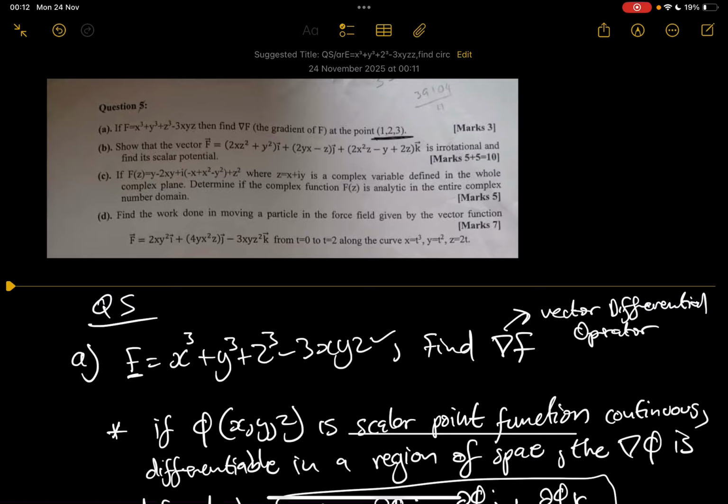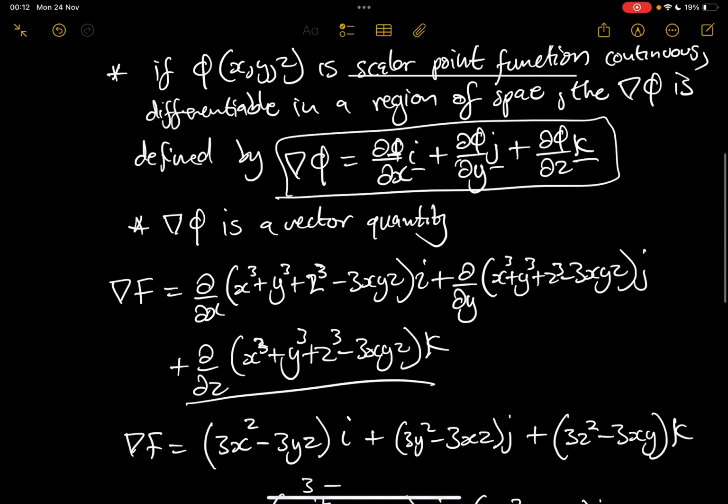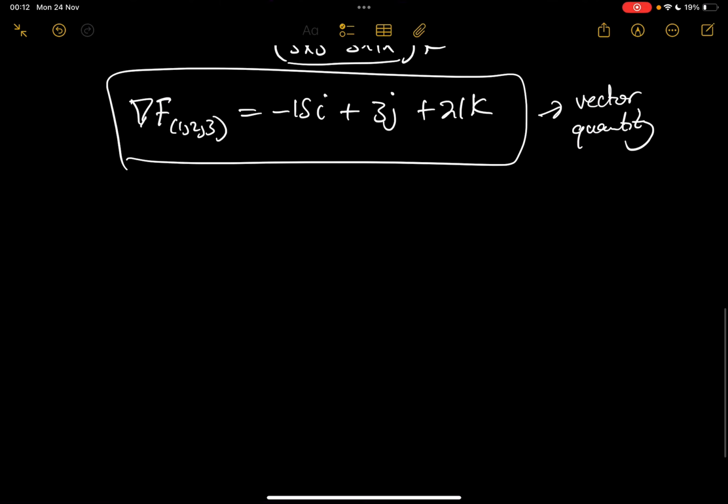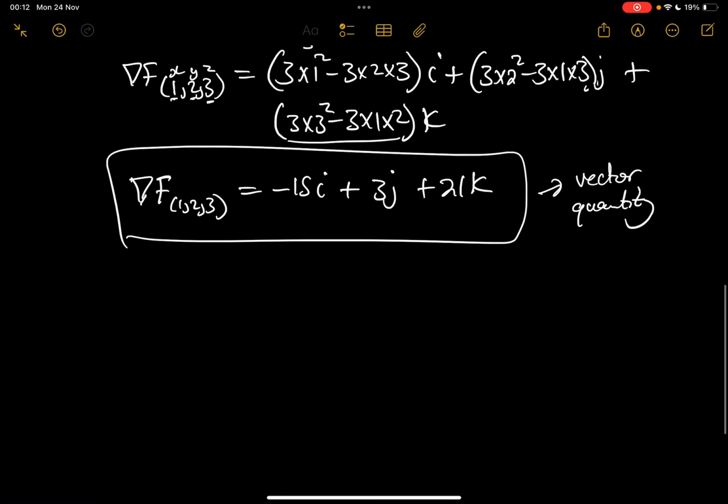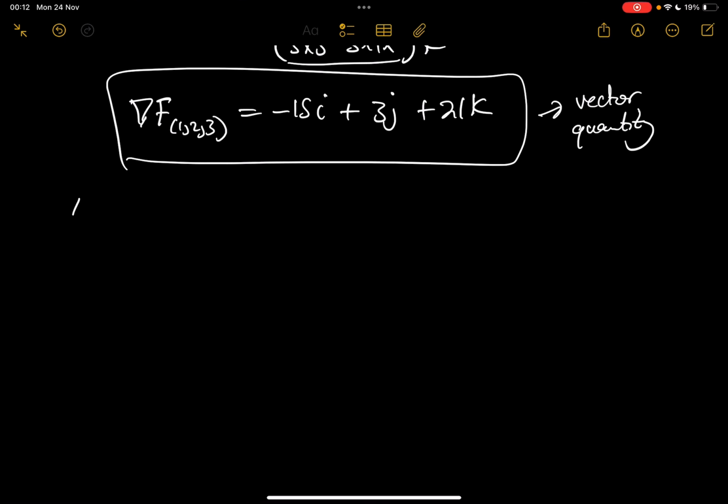So now I will introduce another concept, whereby we are talking about the curl of a vector. Before I reach there, let me just talk about the solenoid vector. What is a solenoid vector?